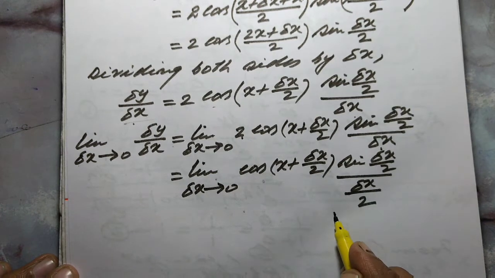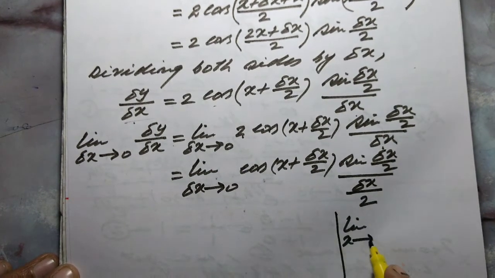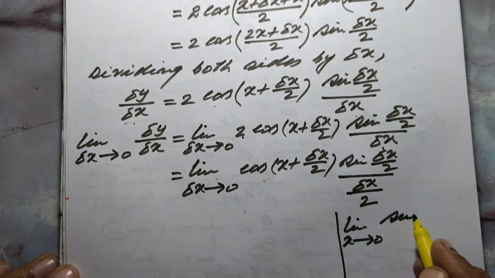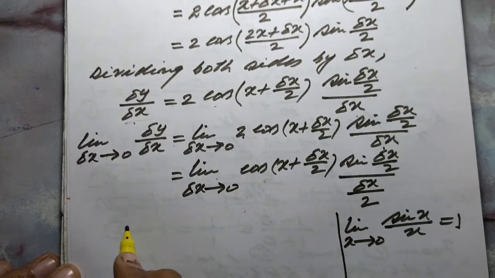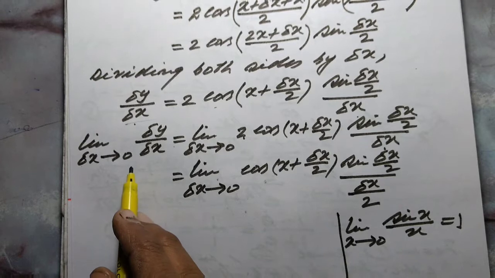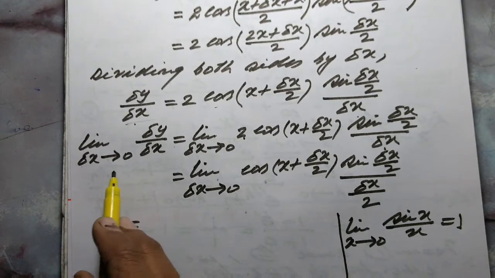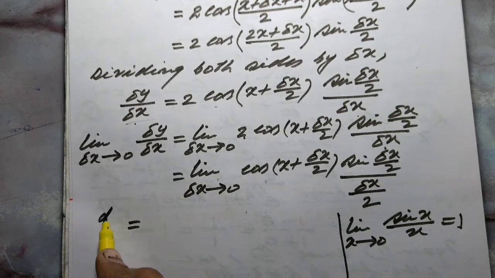And as we know, the standard limit x tends to 0 sine x upon x is equal to 1. So on the left hand side, by the definition of derivative, limit delta x tends to 0 delta y upon delta x is denoted by dy upon dx.